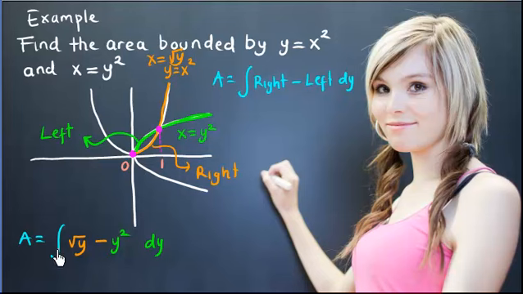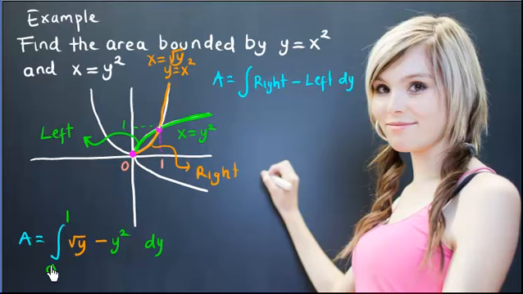And then again, to determine the limit of the integration, we need to look at what are the y coordinates of the point of intersections. The y coordinate of the first pink point is 0, and the y coordinate of the second point is 1.